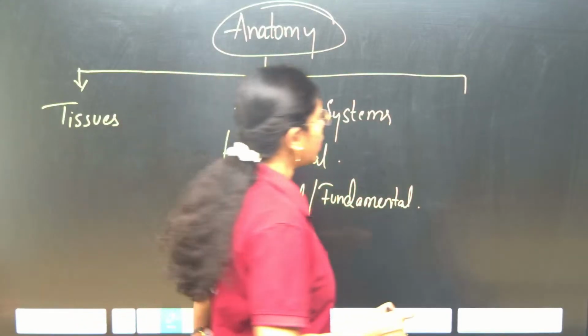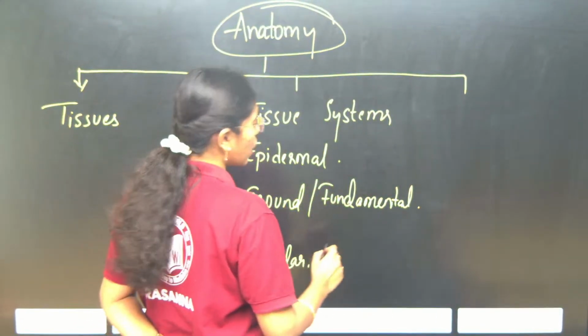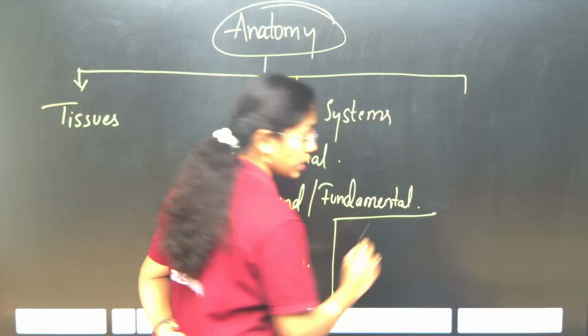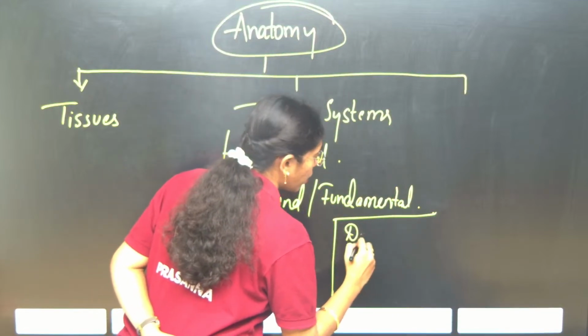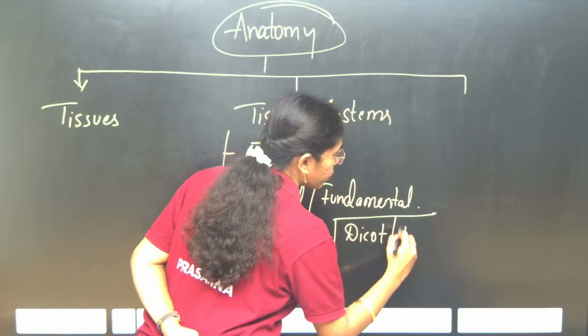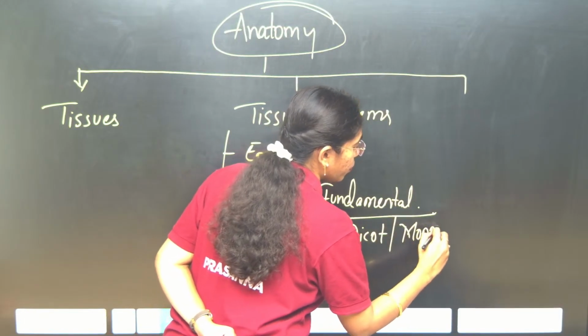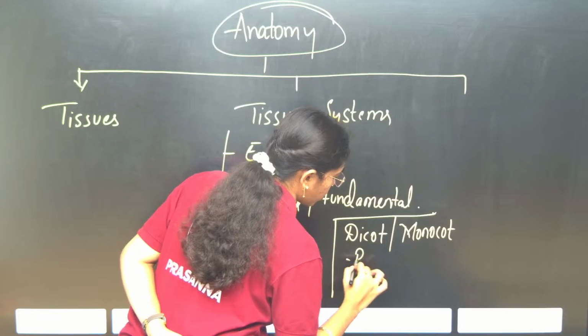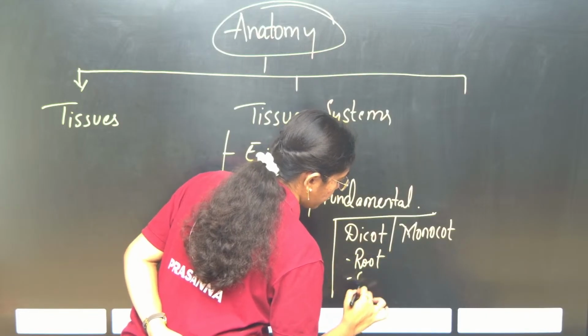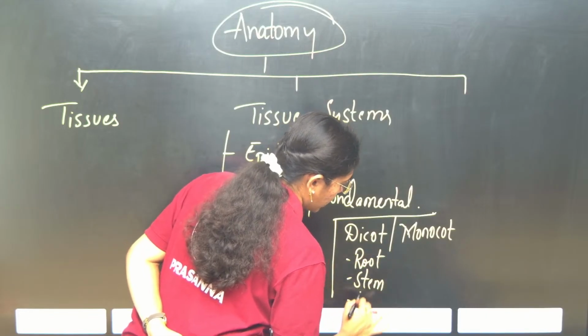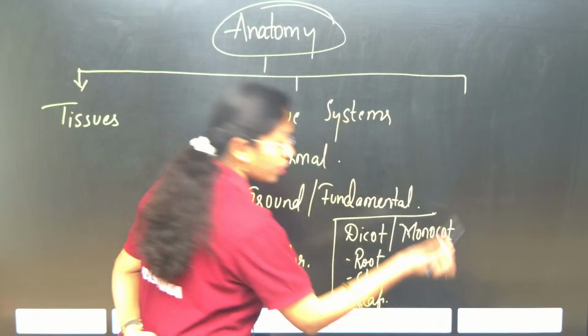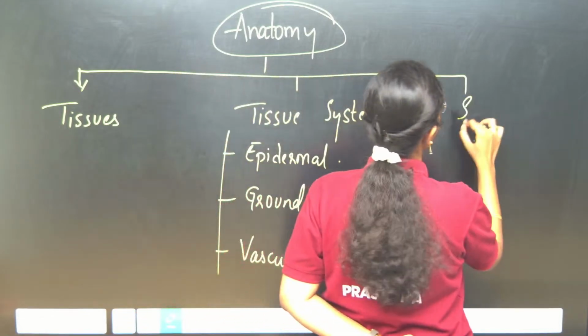Fine, right? Next, after tissue systems, you will come across the comparative analysis between dicot, monocot, root, stem and leaf. Fine. And lastly, secondary growth.